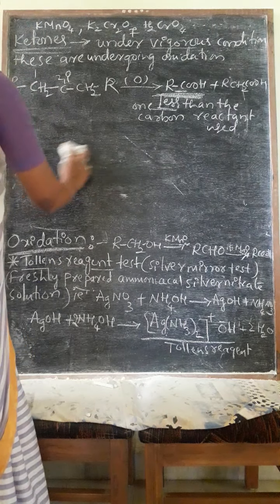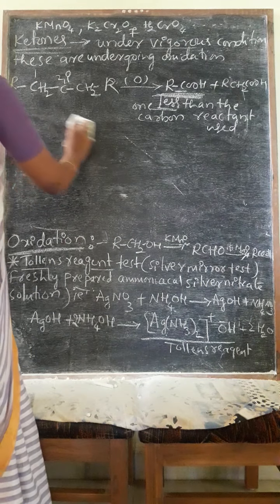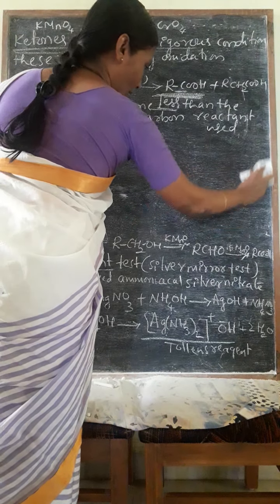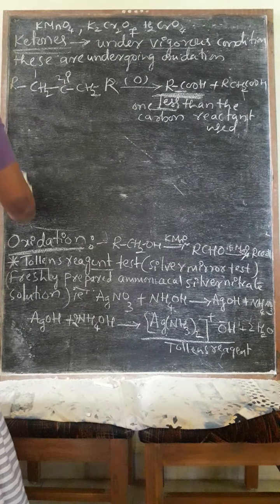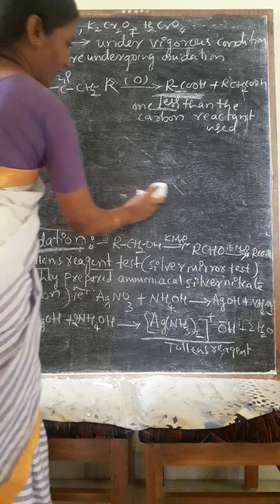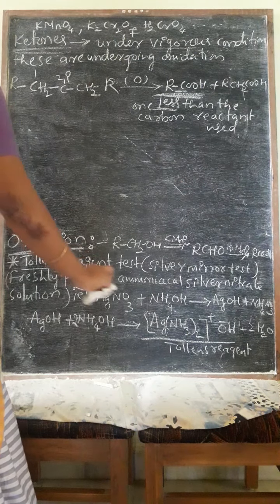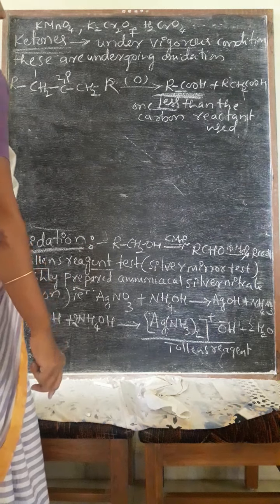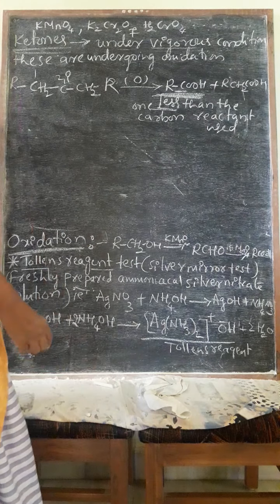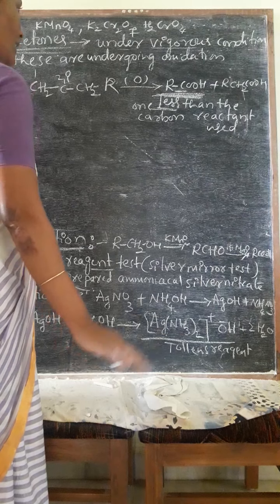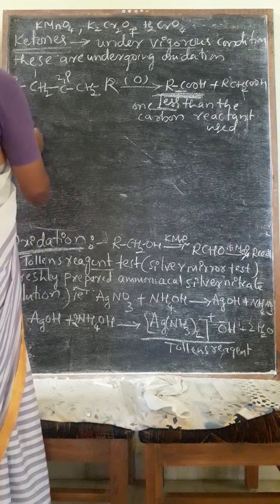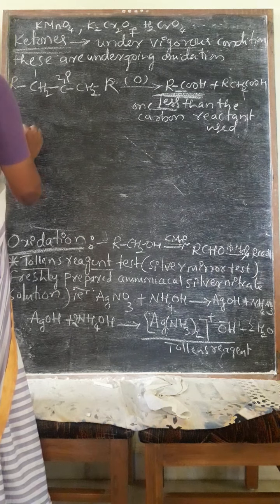Okay, so like that, ketone oxidation is said to be less important compared to aldehydes. Therefore, if you compare the reactivity of aldehydes and ketones, aldehydes are more reactive than ketones. There are two factors why aldehydes are more reactive.